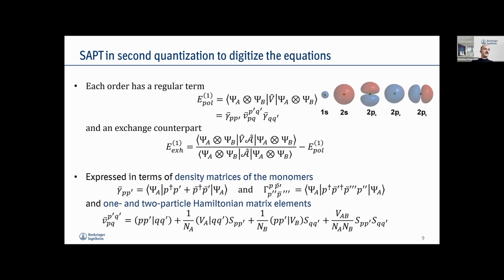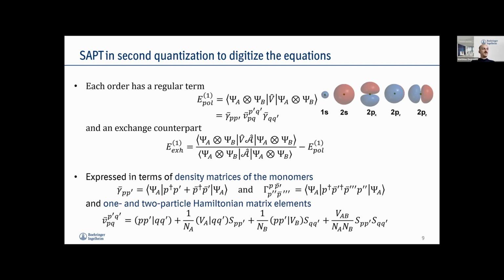And here it's good to notice that all P indices are on system A and all Q indices are on system B. So what you remark instantly is that you only have PP and QQ on your density matrix gamma, which means you only need to calculate quantities on one of the monomers, or well, on both monomers, but only on one at the same time.